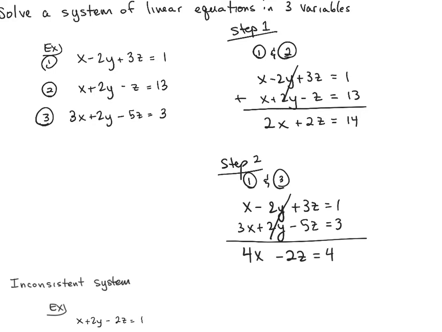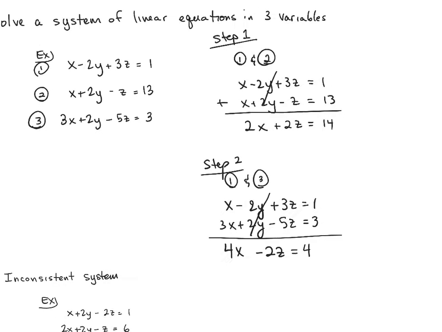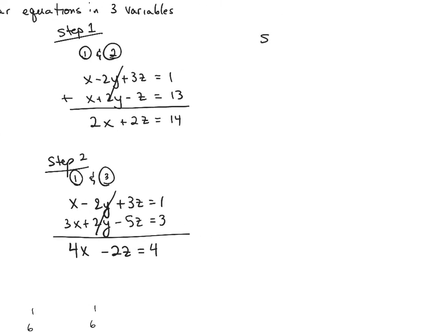equals 4. So step 1 and step 2 have resulted in equations with only two variables, but you notice it's the same two variables, x and z. So step 3 is to combine those.